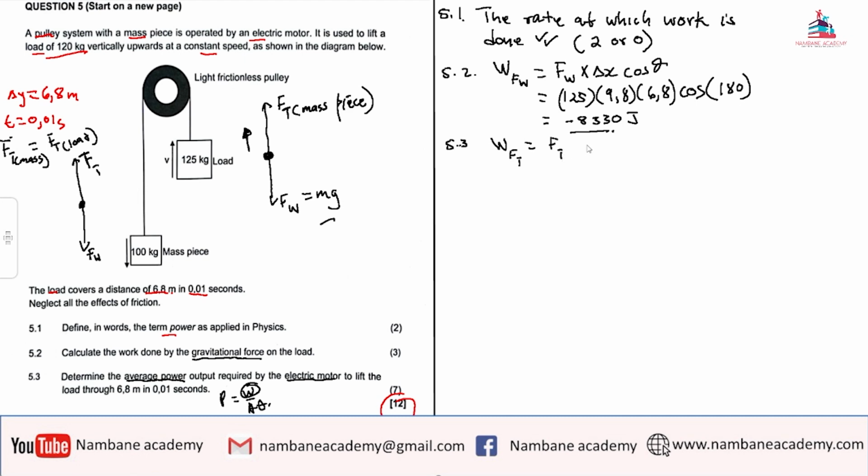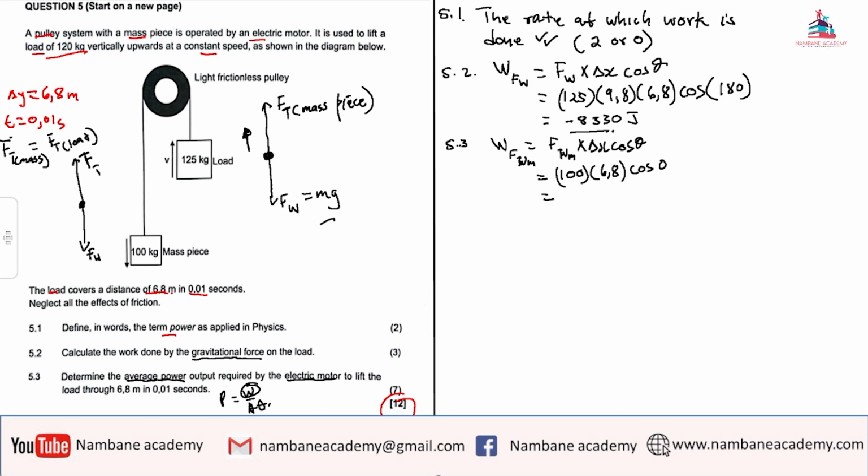This will be Fw of the motor multiplied by x cos theta, and this becomes 100 multiplied by 6.8 and then cos of 0.